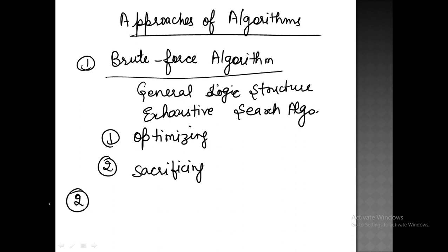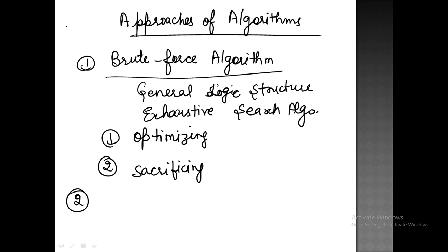Optimizing means we have to find all the solutions of a problem and then we have to take out the best solution out of those given solutions. If the value of the best solution is known, then it will terminate. Sacrificing means as soon as the best solution is found, the algorithm will stop.